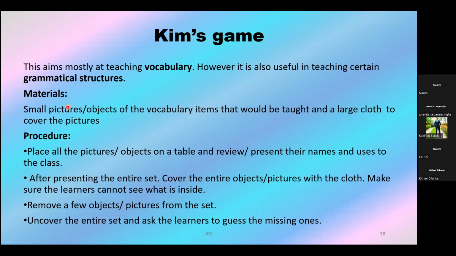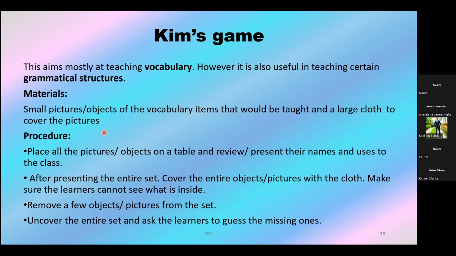Look at the materials: small pictures or objects, any kind of objects. It can be a safety pin, it can be a handkerchief, it can be a bottle, a lid, right? Very tiny objects of the vocabulary items that would be taught, and a large cloth to cover the pictures.